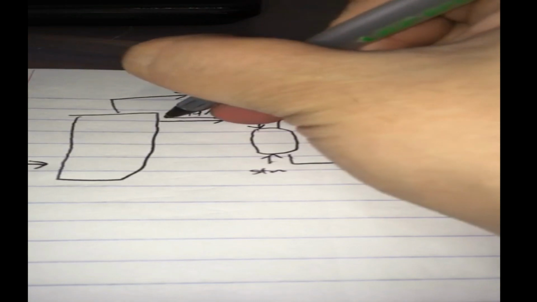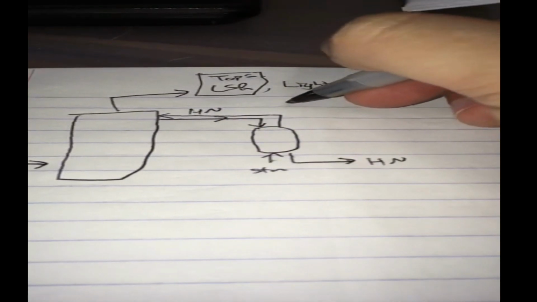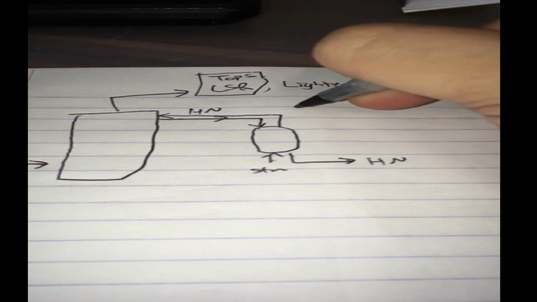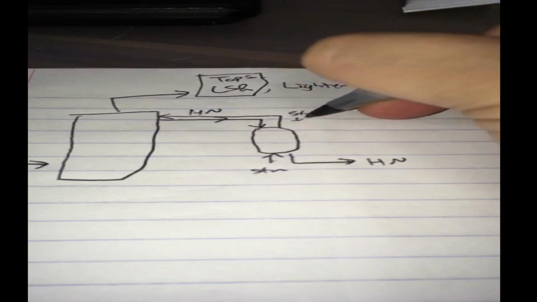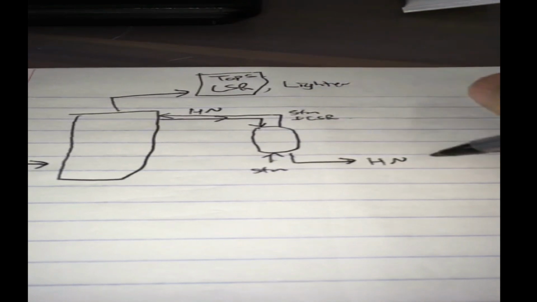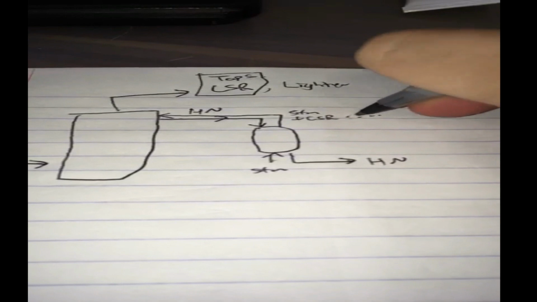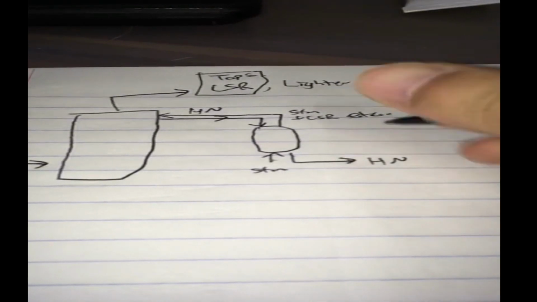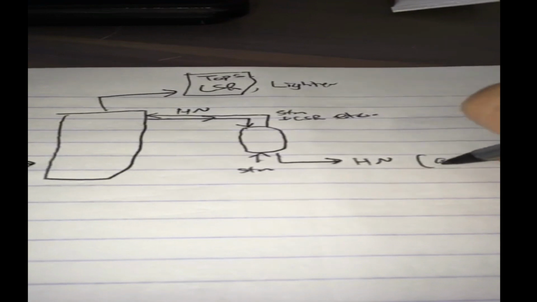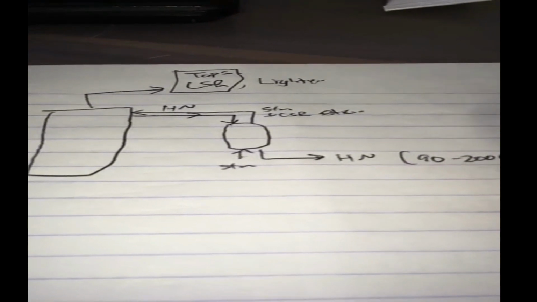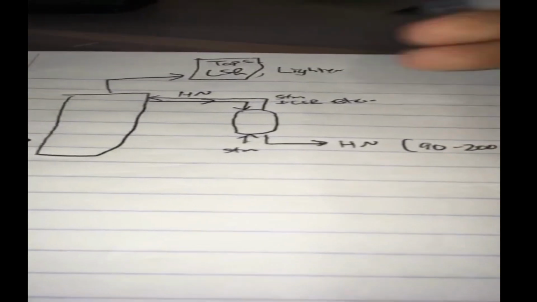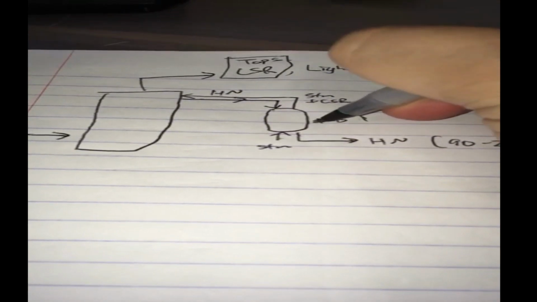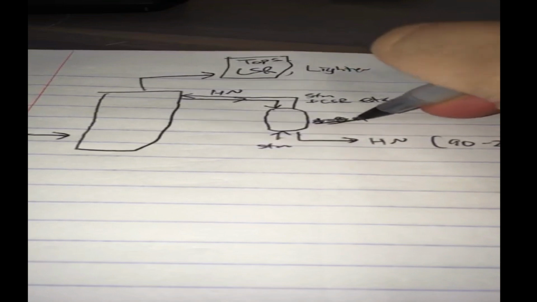So going back into the tower, this is steam plus light straight run and lighter. I just put etc. here to represent that. Light straight run and lighter. So heavy naphtha 90 to 200 Cs. Alright. Side stripper 1 to 8 trays. Wait, no. 4 to 8 trays.